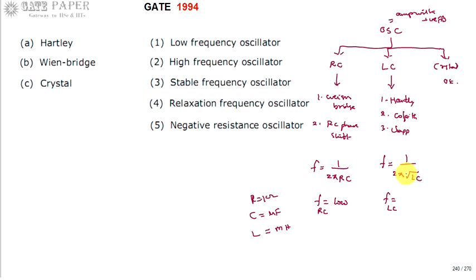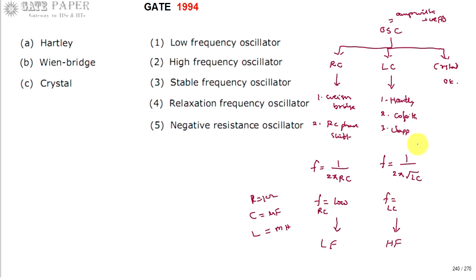So even though it is a square root, you will get a very large frequency at the output. But here f is equal to 1 by 2 pi RC, where R is 10 power plus 3 whereas C is 10 power minus 6, so the frequency range is going to be low. So RC oscillators are always used for low frequency oscillations, whereas LC oscillators are used for high frequencies.